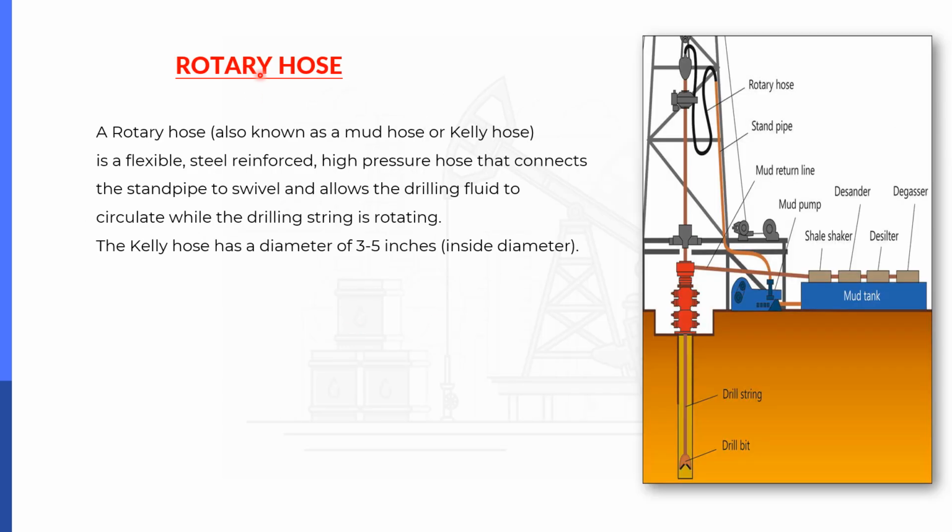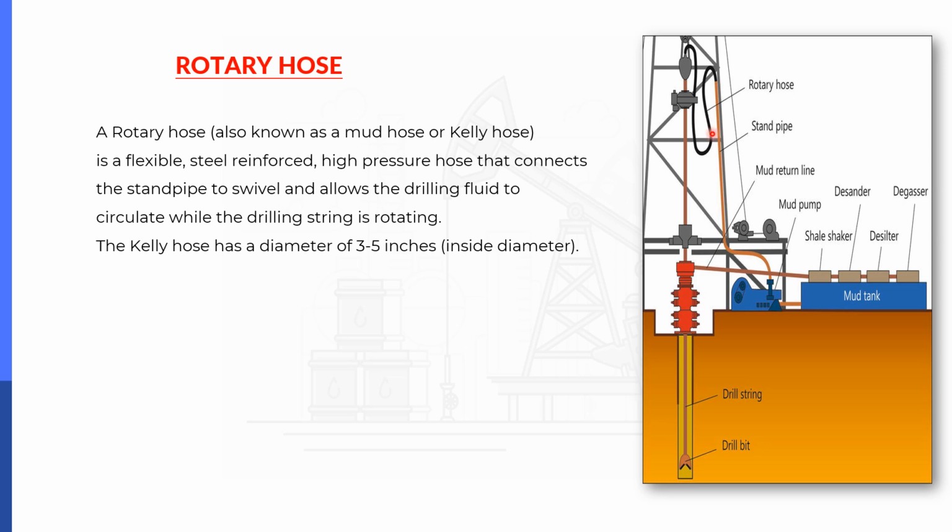Now the rotary hose. In this image, we are looking at this flexible pipe. It connects to the standpipe and goes to the swivel. The rotary hose is a part of the drilling mud system, and it is strong enough.